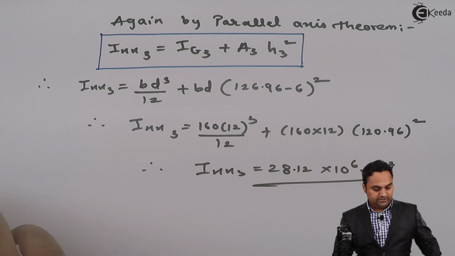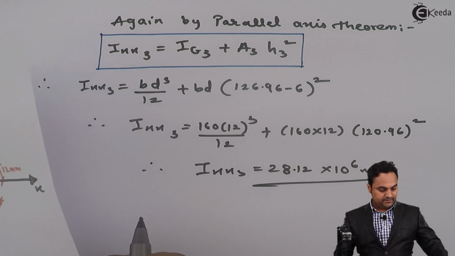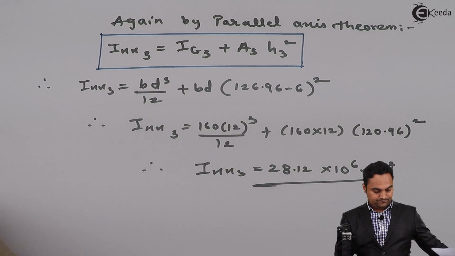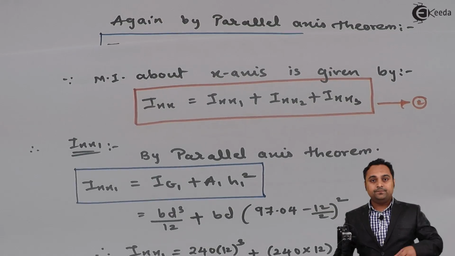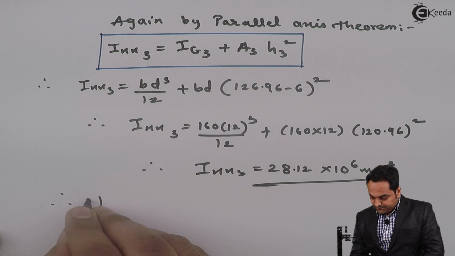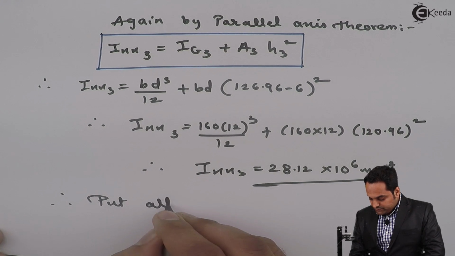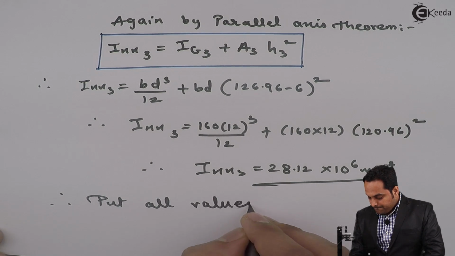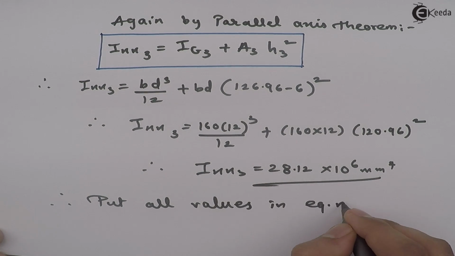So after getting all these three values, we can say that, putting all values in equation number second to get Ixx.